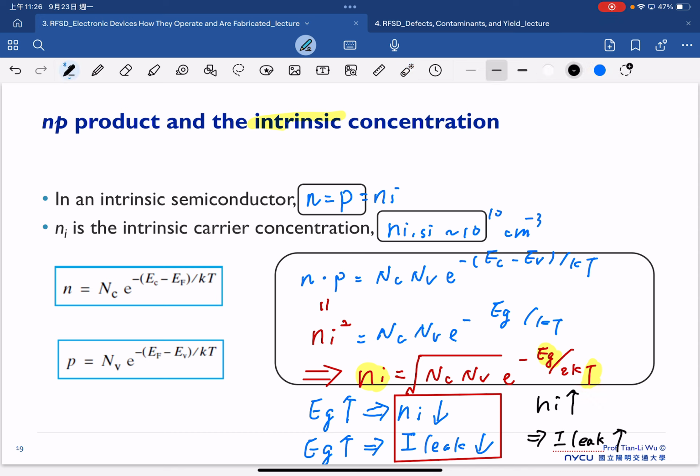When the temperature increases, the Ni is increased because this is exponential minus. Let me rewrite this again. The temperature increase can lead to the Ni increase, but Ni increase also leads to the leakage current increase.